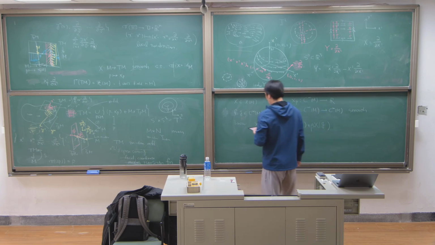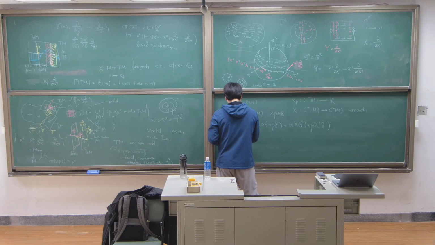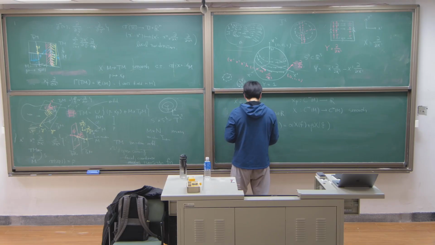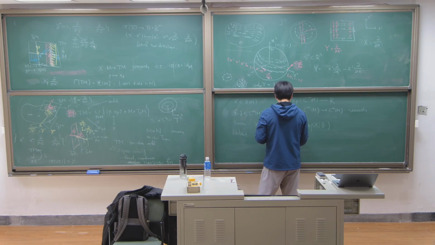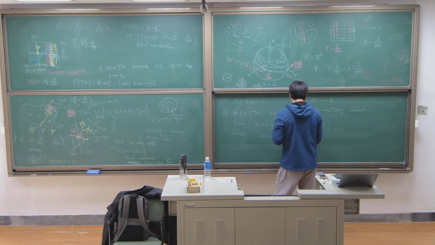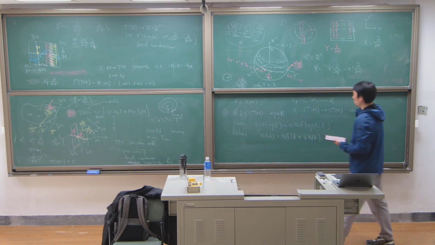So linearity, and also another thing, the Leibniz rule. So X of fg is equal to X of f times g plus f times X of g, like this.